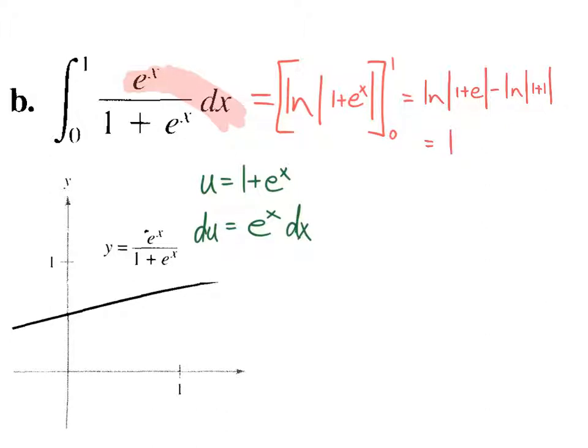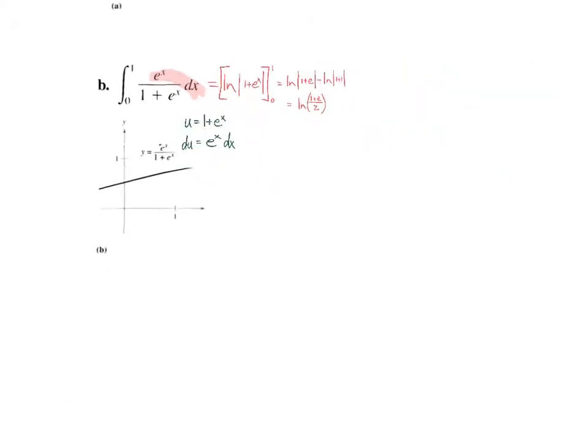So I have ln of 1 plus e over 2. And there's our final answer. Okay? Not too bad, right? Natural logs seem scary, but in calculus, they're really, really nice. Natural logs and exponentials are really nice to work with.